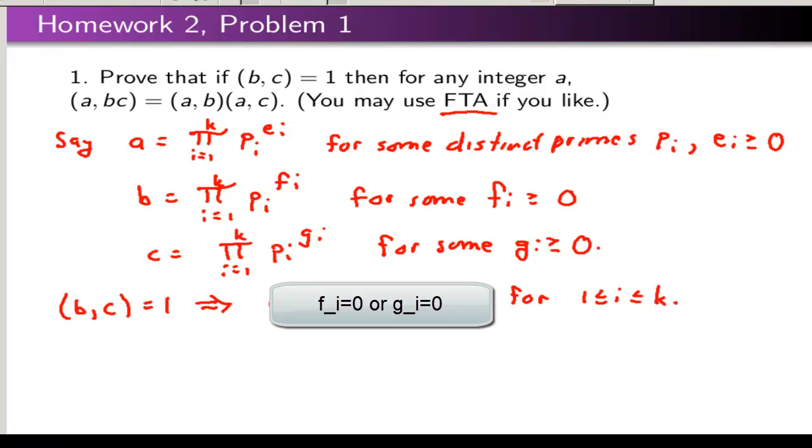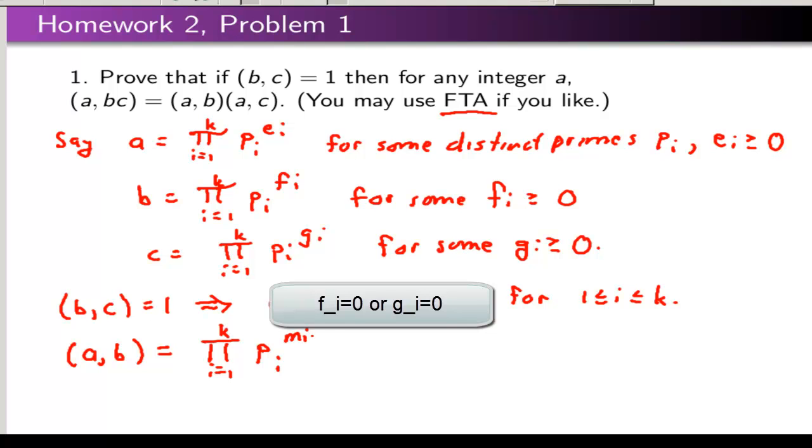Okay, and then think about what our formula is for the greatest common factor of two numbers. Let me just give you an example. The GCD of a and b, we've seen, is the product, i goes from 1 to k, of pi to what power? Well, it has to be a factor of both a and b, so the biggest power of pi we can have would be the smaller of the two exponents ei and fi.